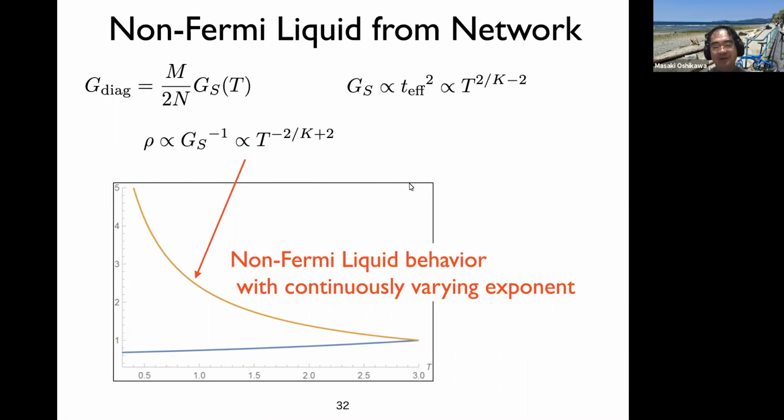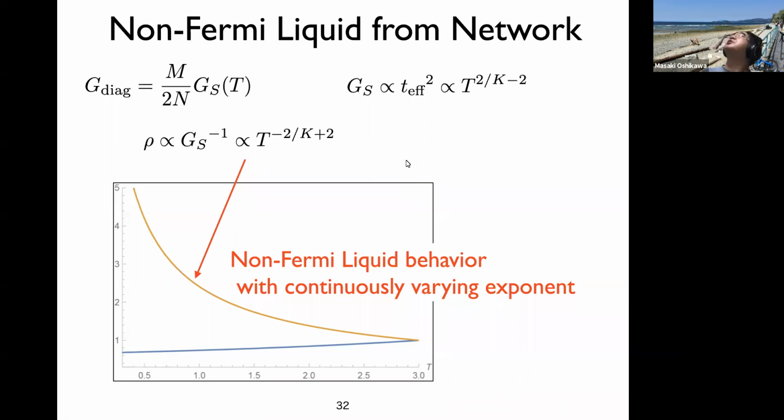So eventually, when we are able to really predict the value of the Luttinger parameter from some microscopic information, then we can really predict the temperature exponent, the resistivity exponent of this non-Fermi liquid behavior. But so far, this is just a model calculation.